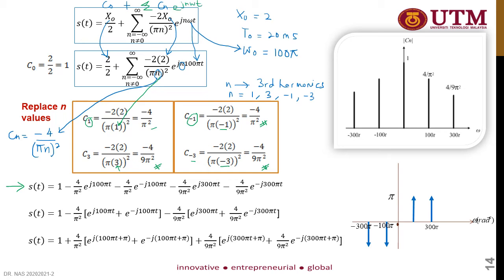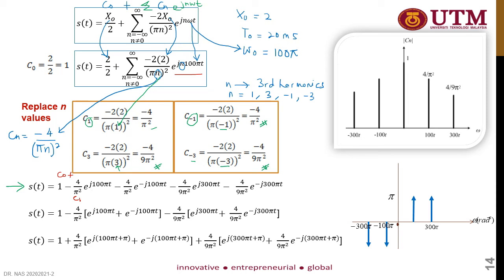So this is your C0, plus C1. Supposedly plus, but your C1 is negative. So this is your C1, times e^(jn omega t).